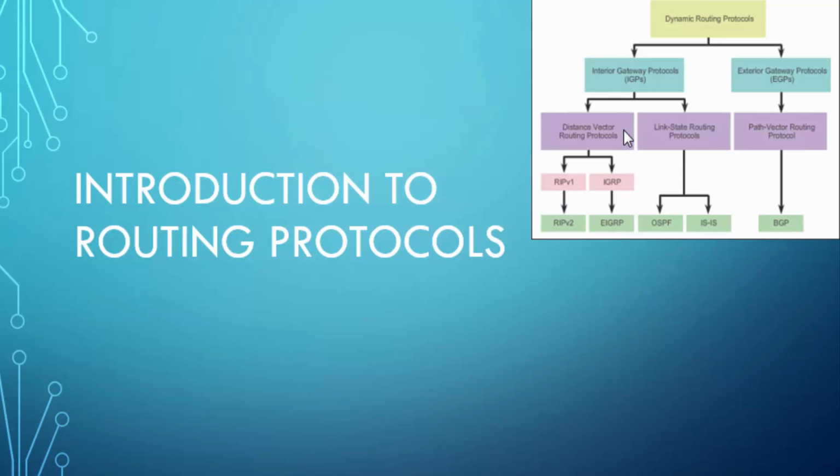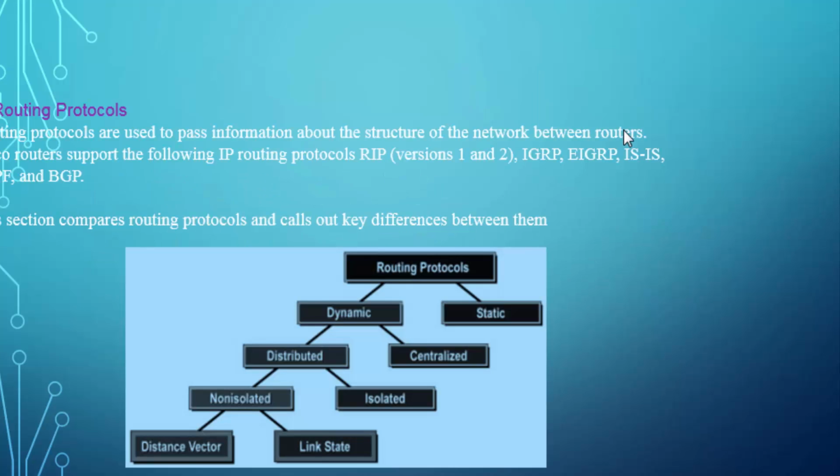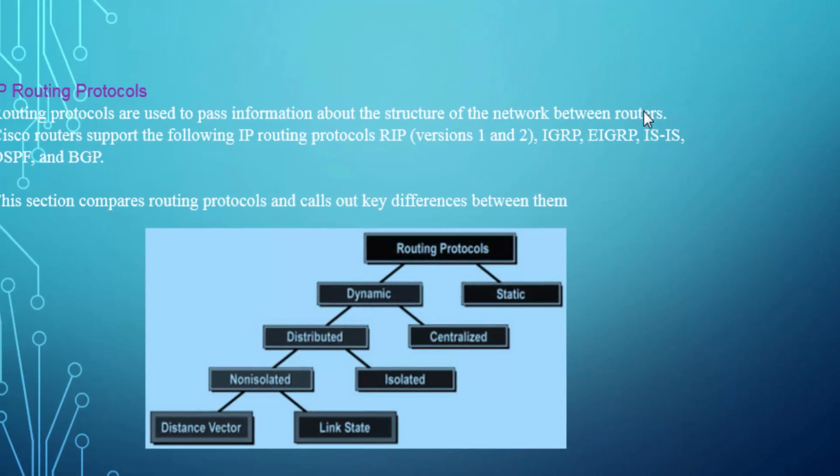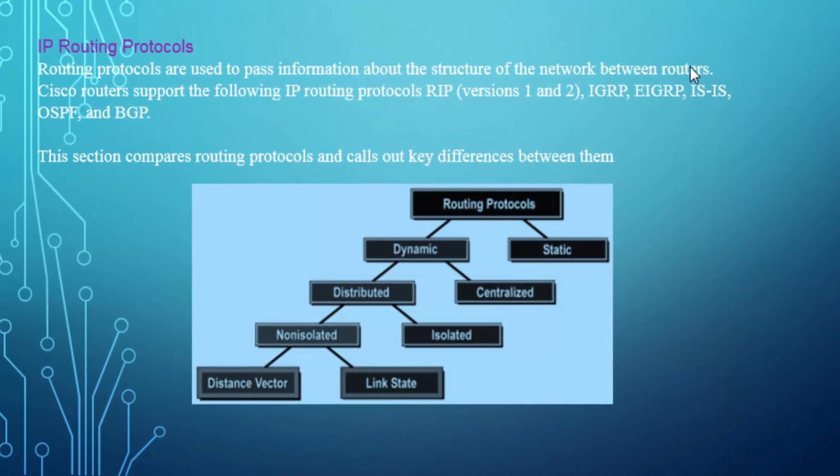Introduction to routing protocols. We're going to give a description of the dynamic routing protocols that we have. For example, in this graphic, we are going to see the two different kinds of routing protocols, the dynamic one and the static one. The dynamic one is the one that we are going to focus on.